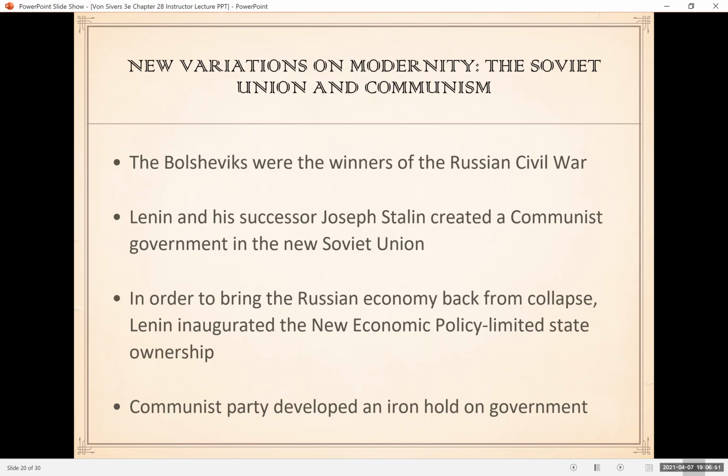Meanwhile, the Bolsheviks have to form their own government, and it's going along in a very bumpy, difficult way, because there are forces throughout Russia who are still wanting the provisional government.